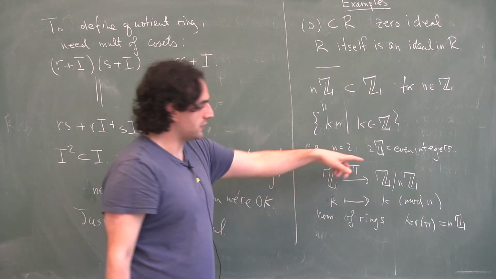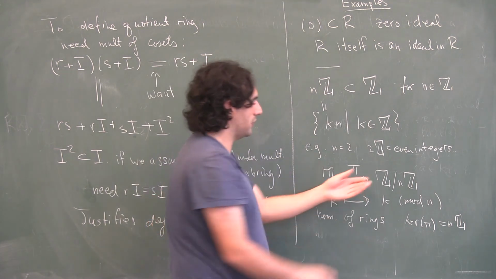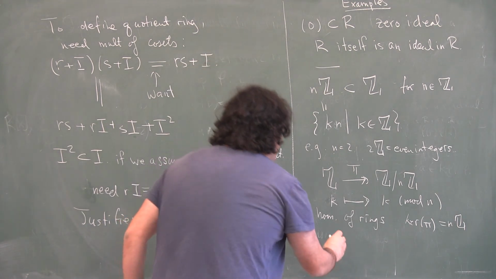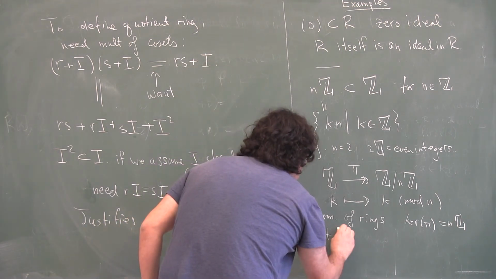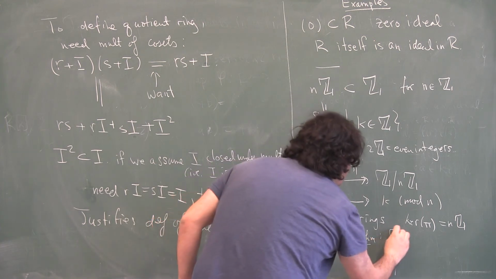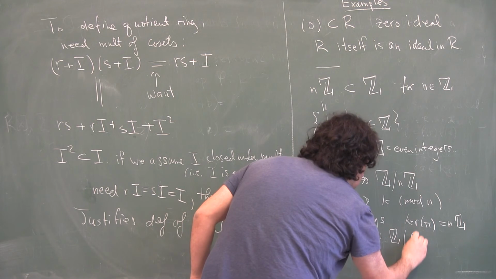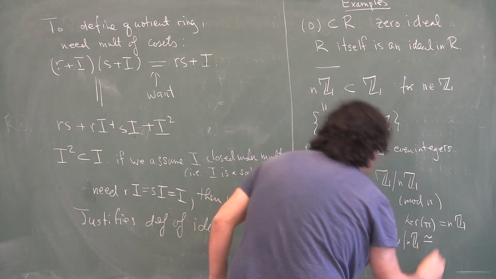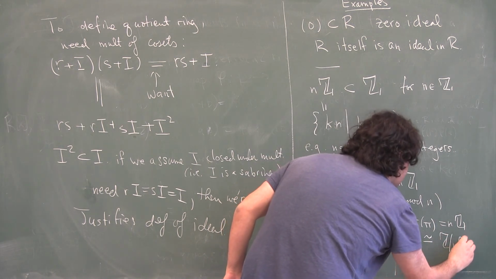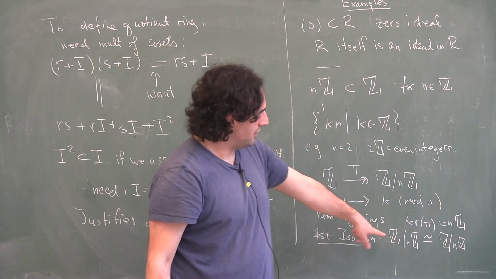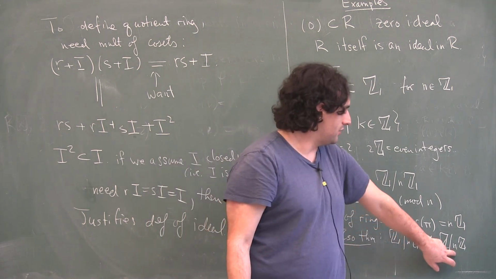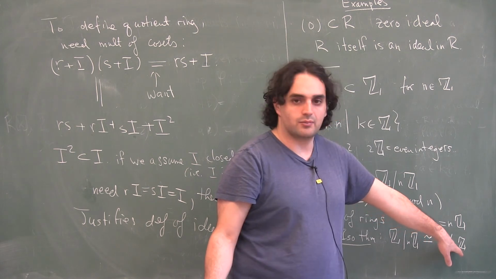And this is a surjective homomorphism, since every residue class is represented by an integer. And then by the first isomorphism theorem, we have that Z modulo nZ is isomorphic to Z modulo nZ, where on one side I mean the quotient of the ring Z by the ideal nZ, and on the other side I mean the ring that we have defined as Z mod nZ.